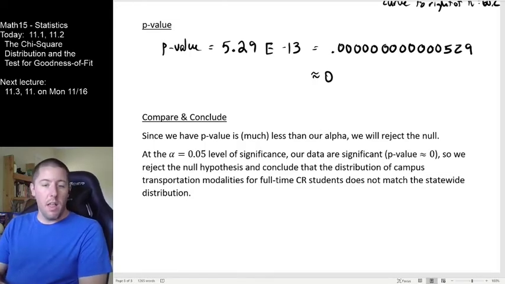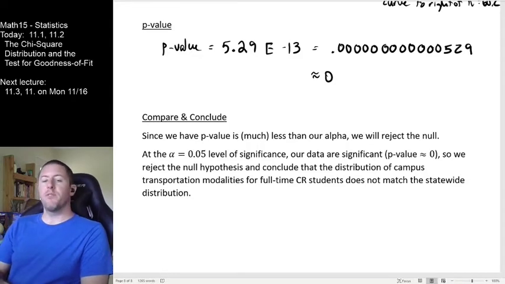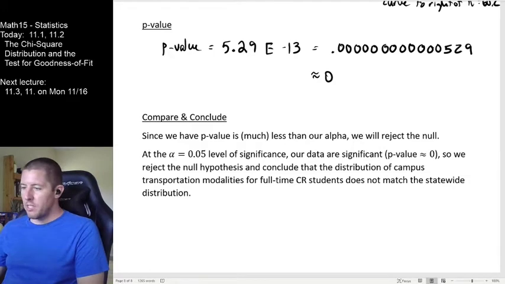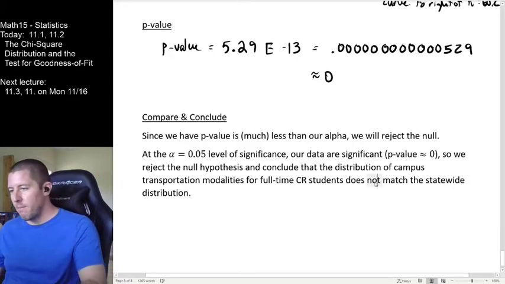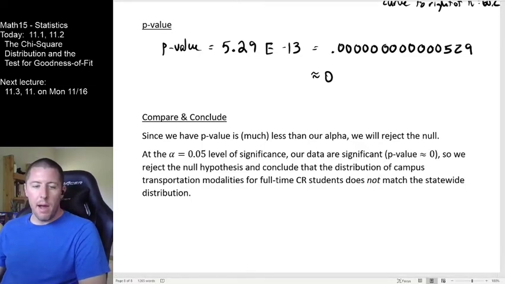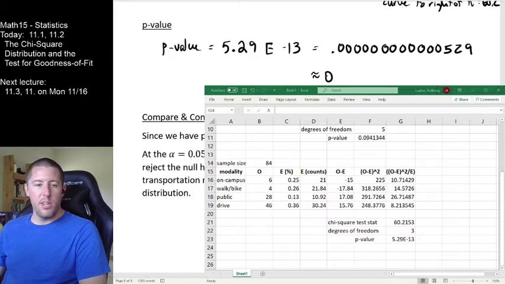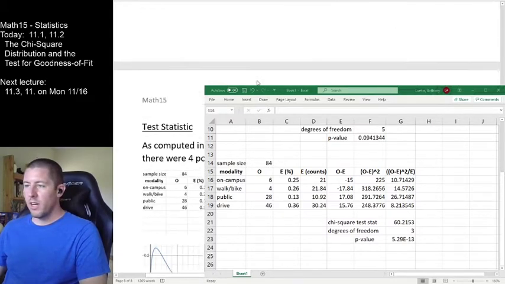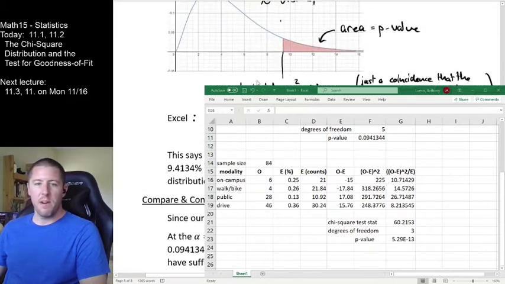So we reject the null hypothesis and conclude that the distribution of campus transportation modalities for full-time CR students does not match the statewide distribution. Not is our important word here, saying it wasn't what we were going into this expecting to see. So I'd really encourage you guys to think about doing these ones in Excel, even if you're otherwise working not in Excel so far this semester.